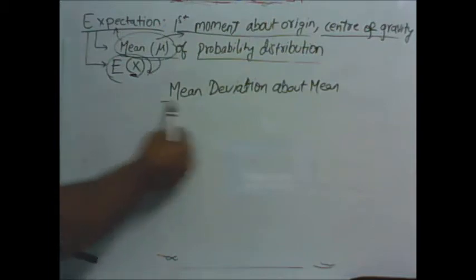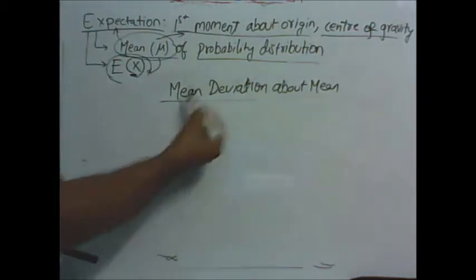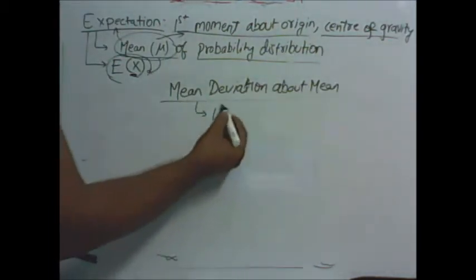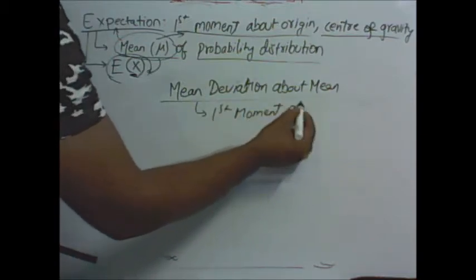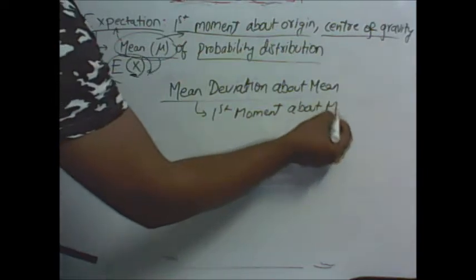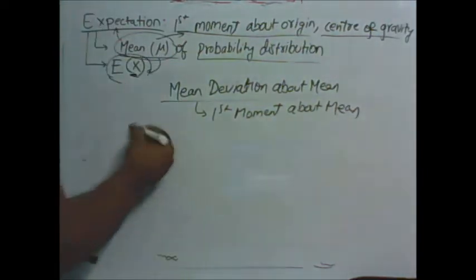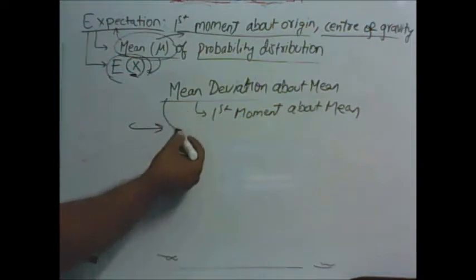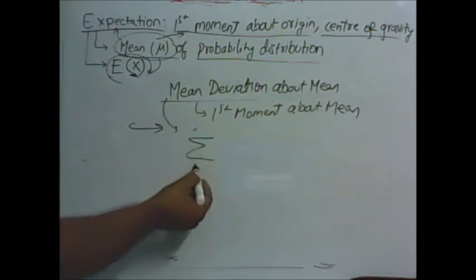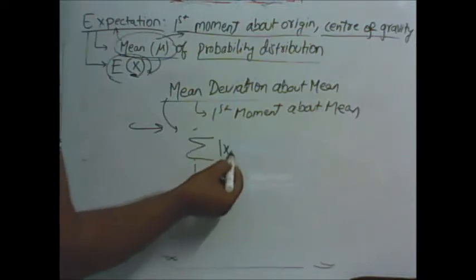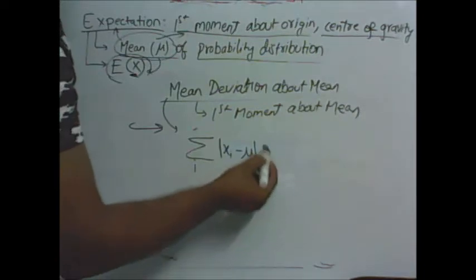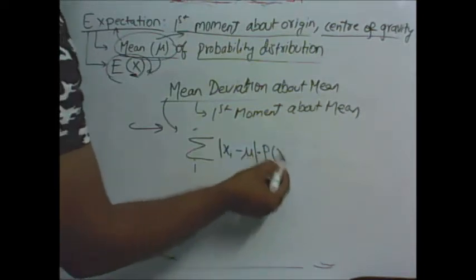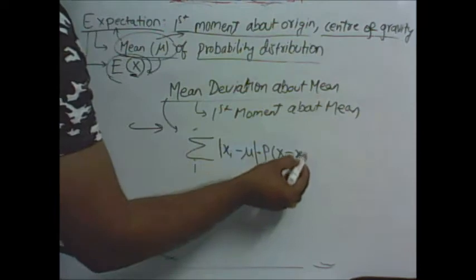Now the next one is mean deviation about mean. Mean deviation about mean is nothing but the first moment about the mean, which implies that mean deviation about mean, if it is a discrete case, is sigma mod of xi minus mu into p of x equal to xi.